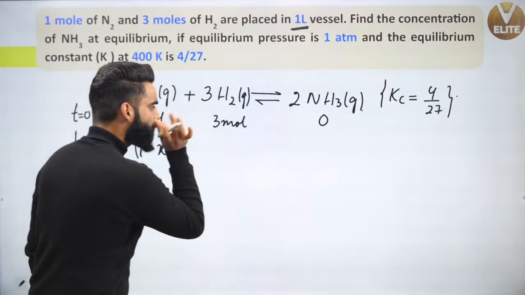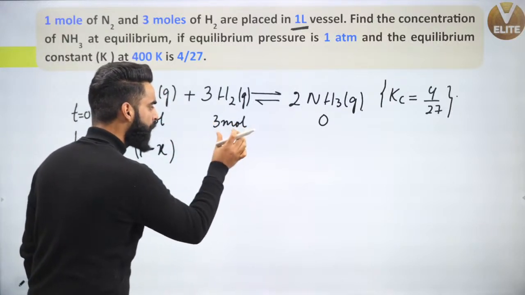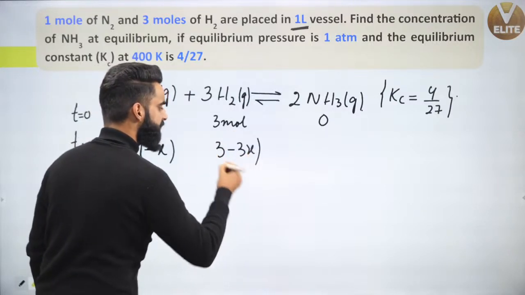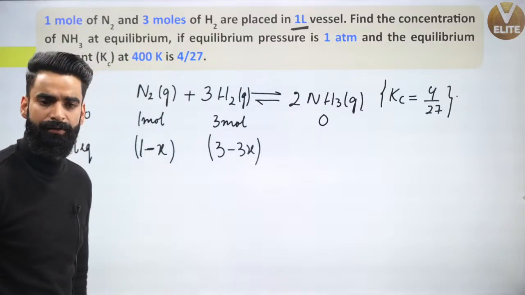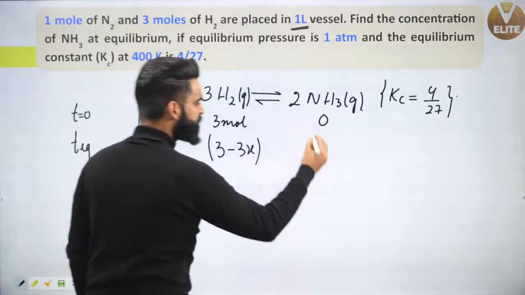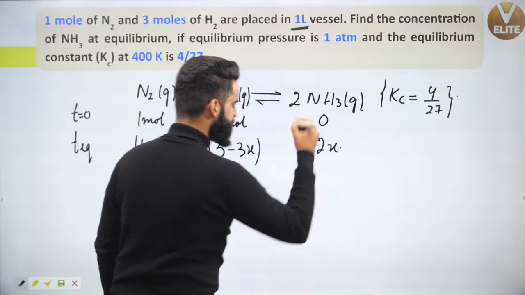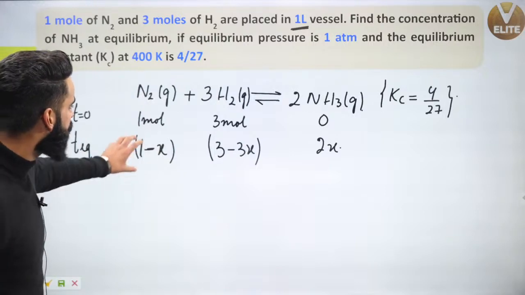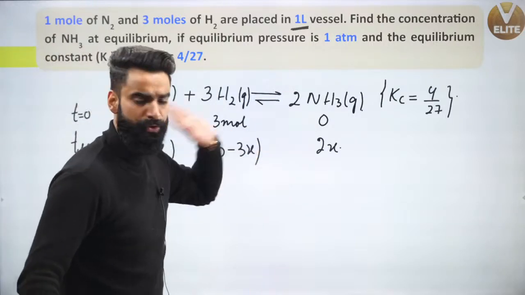I had 3 moles of H2, so 3 minus 3X moles of H2 are left. At the same time, 1 mole gives 2 moles, so X moles should give me 2X moles. Very simple. I got the moles of all the reactants and products at equilibrium.